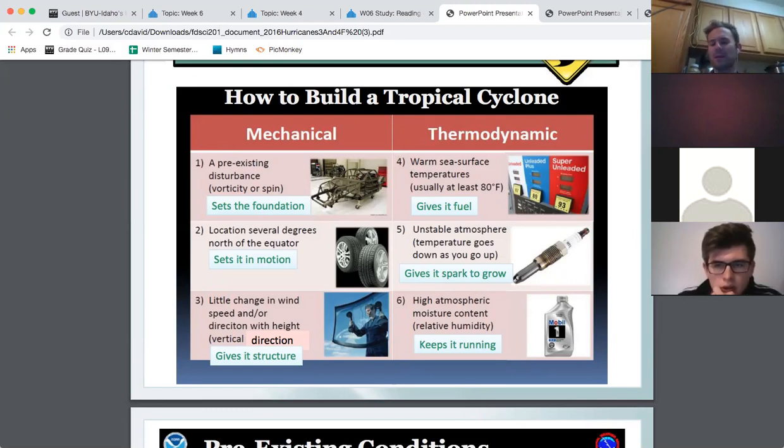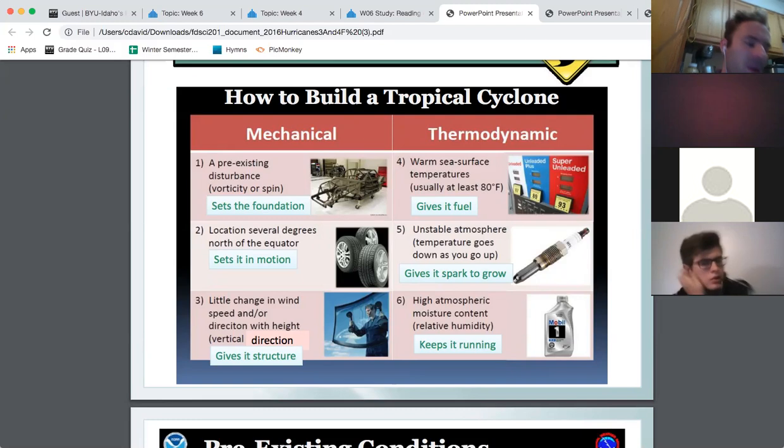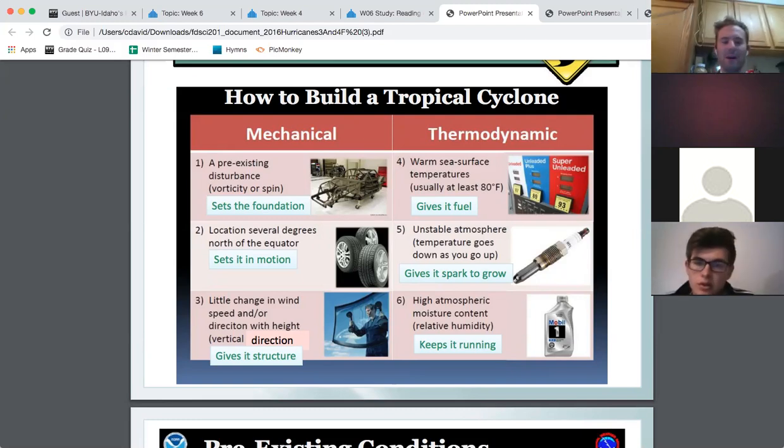Now, why those last two? That might not make sense. Why does it have to have cool up above and warm down below? It has to do with this warm air rising. Yeah, it is kind of interesting that they start so far off the coast of Africa, where those conditions are real good.